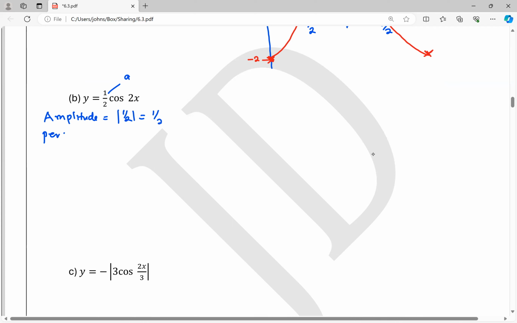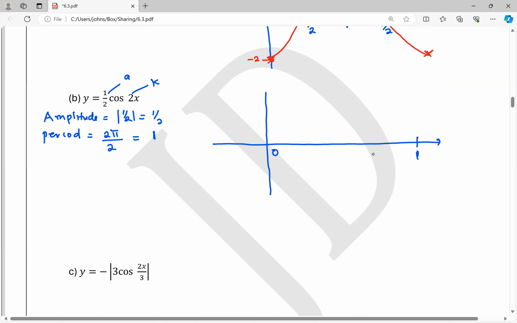And our period here is 2 pi over 2, because this is K. And this is what? This is 1. So we have to sketch from 0 to 1. From 0 to 1, right?